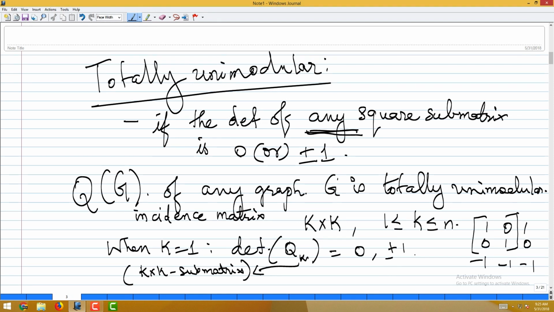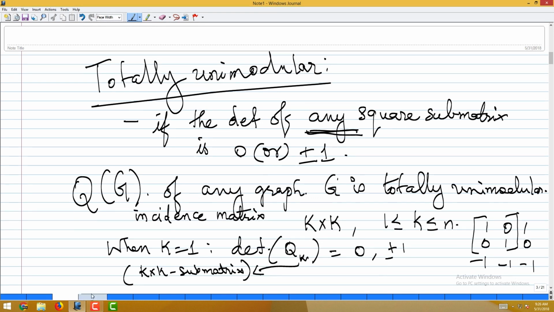Now by induction, if I go to the second level k equal to 2, if I look at any 2 by 2 matrix, what are the possibilities for my determinant? Suppose every column sum adds up to 0, then what do I know? We have only 2 by 2 matrices possible like 1, minus 1, minus 1, 1, or 1, minus 1, 1, minus 1, where the column sum has to become 0, or all 4 entries are 0, right.